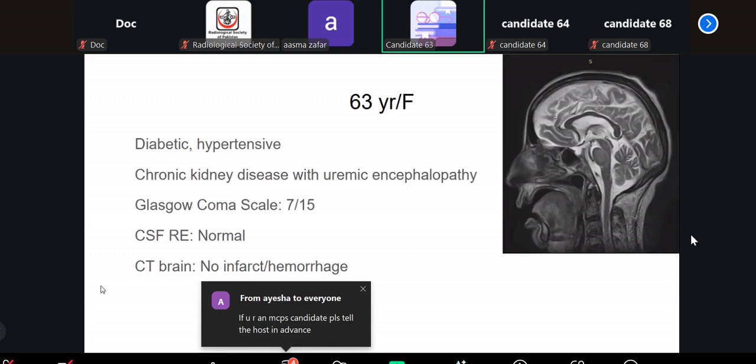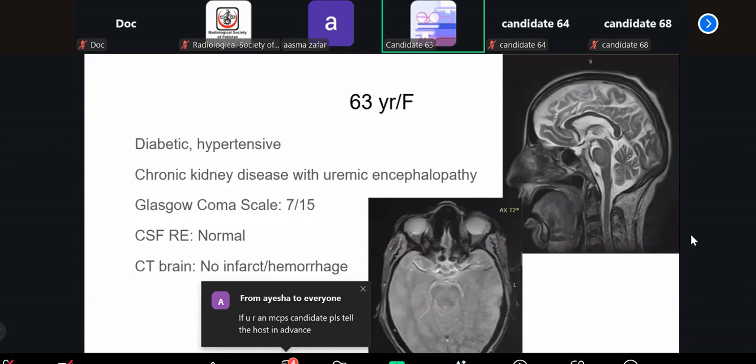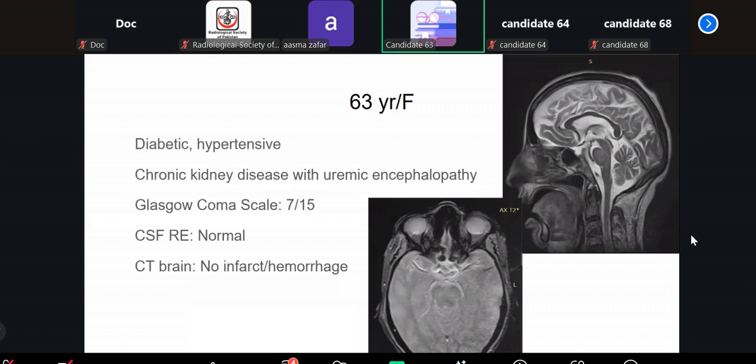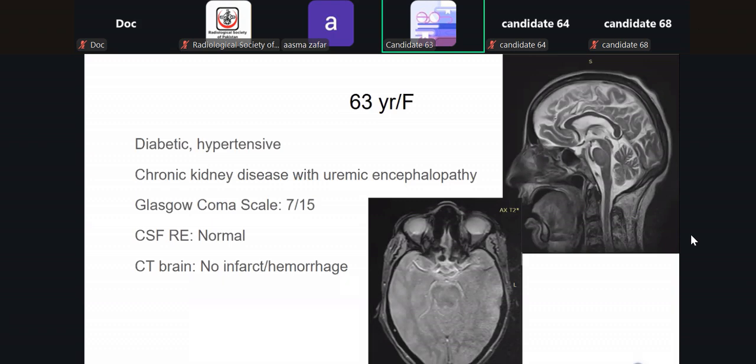This is an image of a sagittal section brain, T2 and T1 with contrast. I can see hyperintense signals along the cortical frontal lobe.